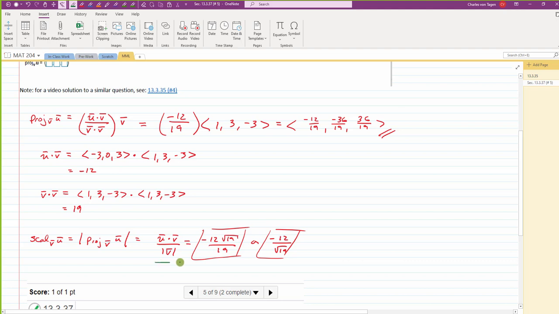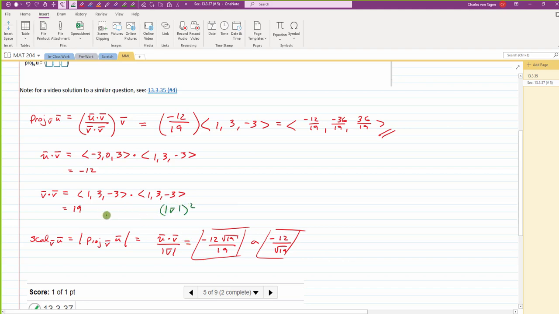But our textbook gives a simplified version of that scalar component definition, so it can be done a little bit easier. The reason why this is handy is we've already computed u dot v. That was the number -12. And then if we compute the length of v, well, here we have v dot v, and remember that v dot v is equal to the magnitude of v squared.